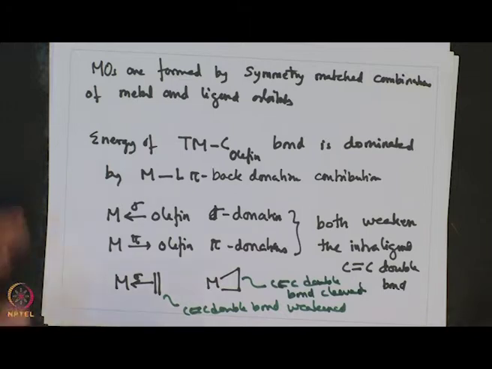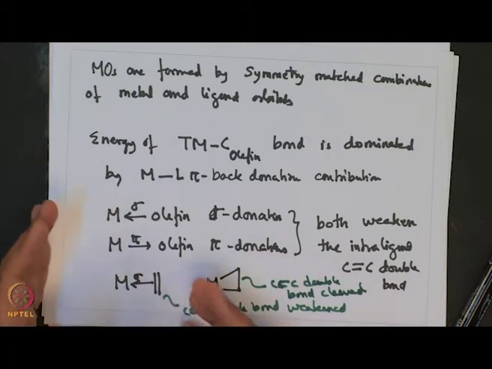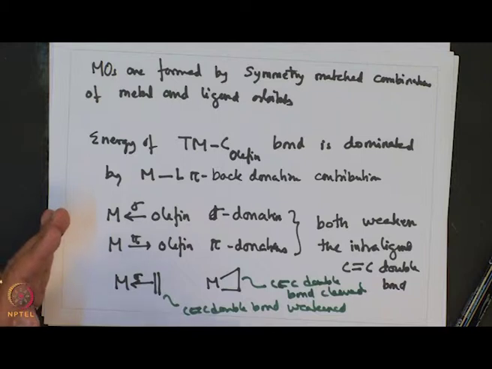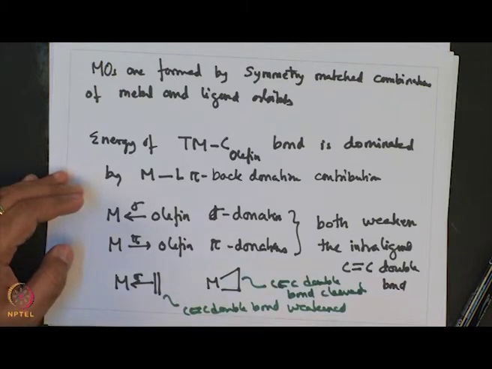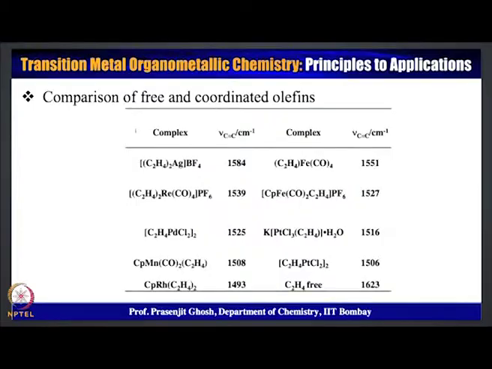So, both the interactions, the forward as well as the backward donation, significantly weaken the carbon-carbon double bond. Now, let us take a look at some of the experimental examples for the same.